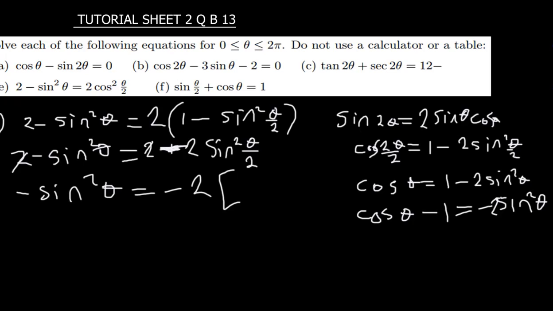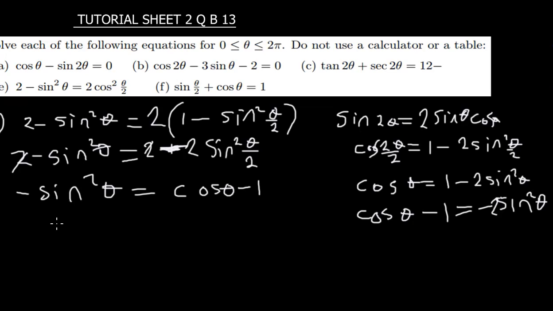Let me just delete this. So I'll put here cos theta, then minus 1. So meaning what I have to change is this now into cos. So I'm going to change this sine squared theta into cos.